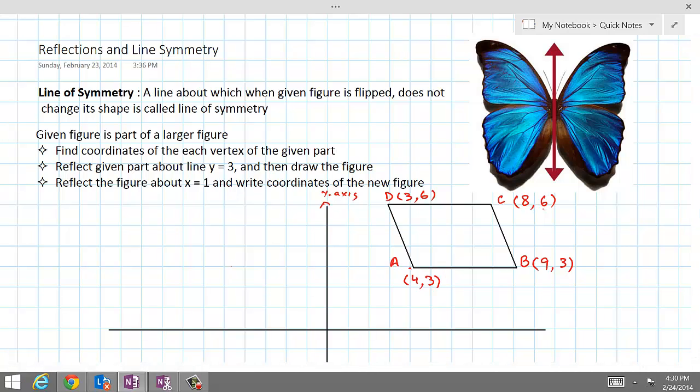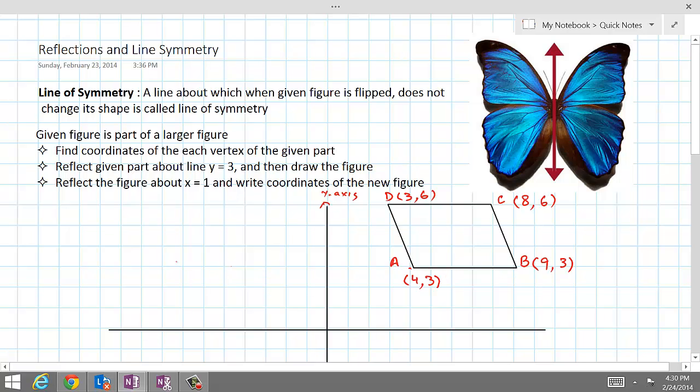Now, the next part. It says reflect the given part about the line y equals 3 and then draw the figure. First we are going to draw the line y equals 3. Which line is y equals 3? Here you can see that A has ordinate 3, B has ordinate 3.